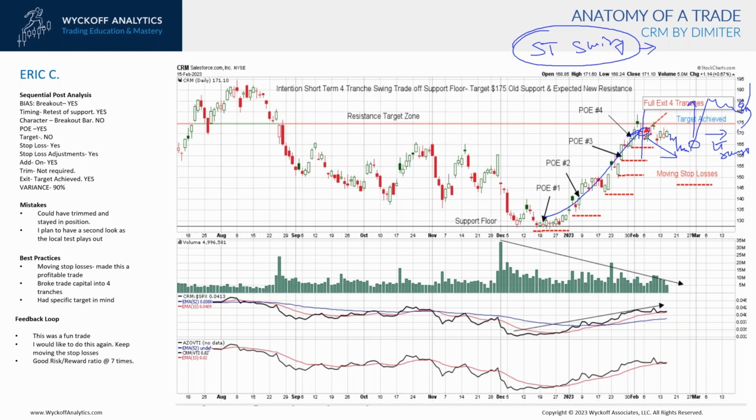You're very efficient on a short-term swing time frame. You take the entry close to the bottom or almost at the bottom and close to the top. So a very, very efficient trade, and all of the points of entry as add-ons just add to the profitability of the position.